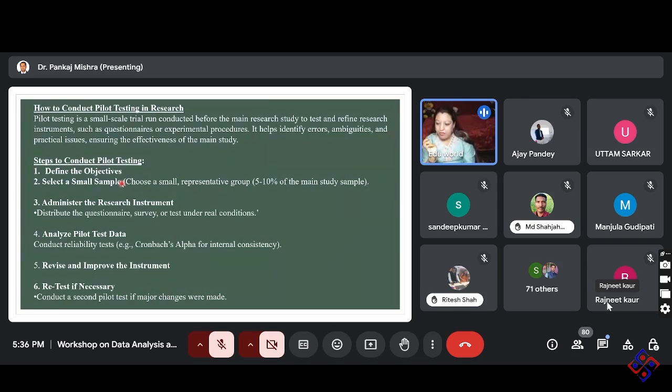Like I have thought in my mind, I will select 150 sample. But that 150 sample is not generalizing your study. Generalizing means, have you come across this term generalization?